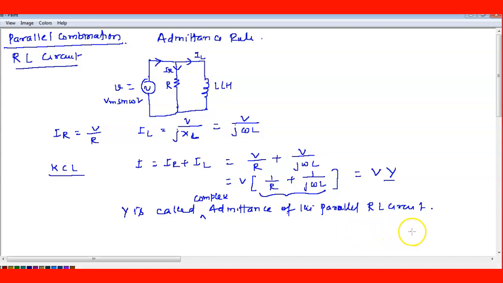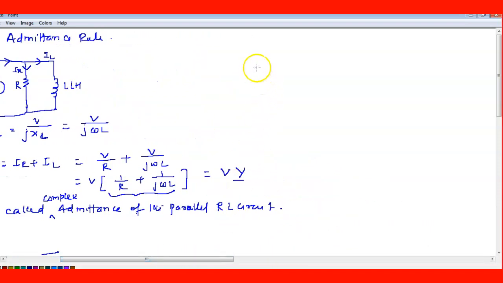Okay, parallel RL circuit. So if you write it here, Y is equal to 1 upon R plus 1 upon j omega L, right?